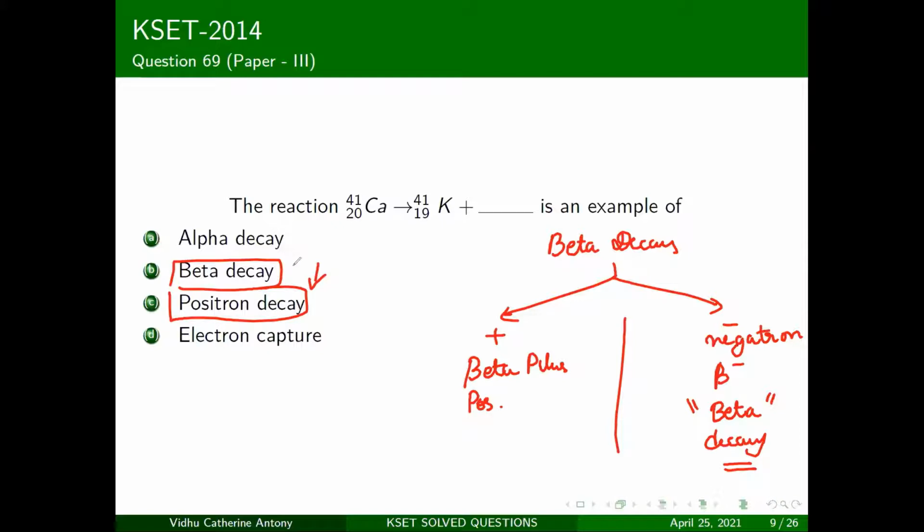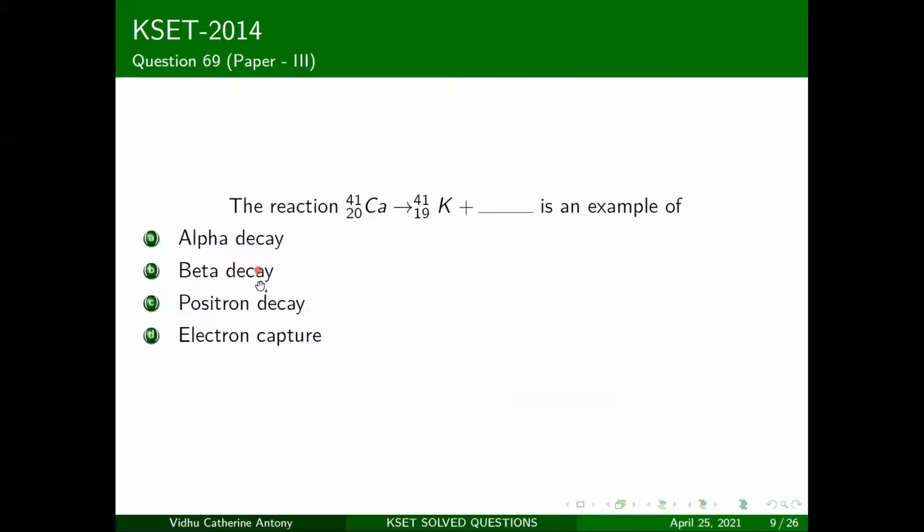They might be asking you for the specific type of decay, so possibly the better thing to do would be to go with positron decay, which is a safe option. But nonetheless, both of these options are correct, because they probably haven't specified that you have to be really specific about which type of decay it is.